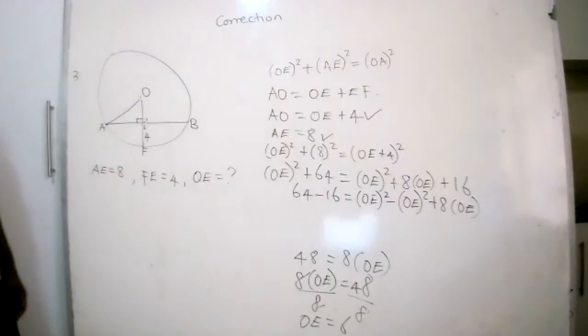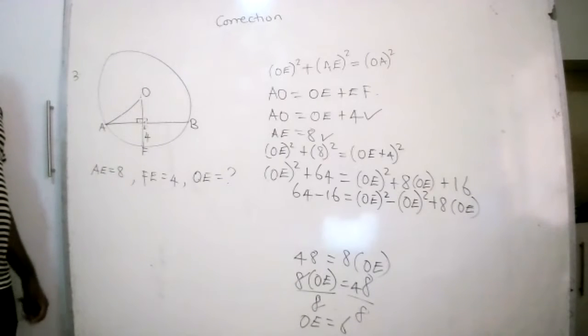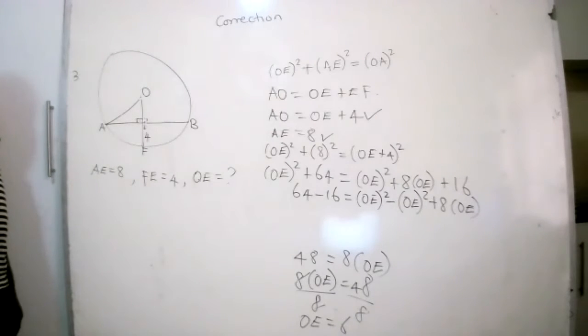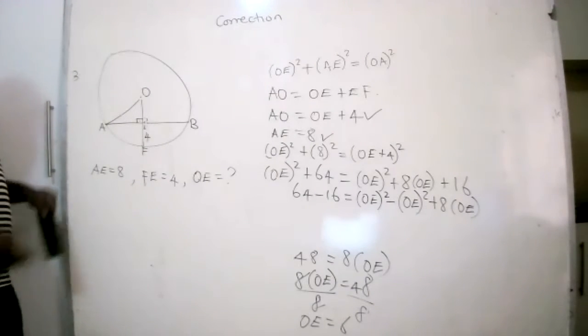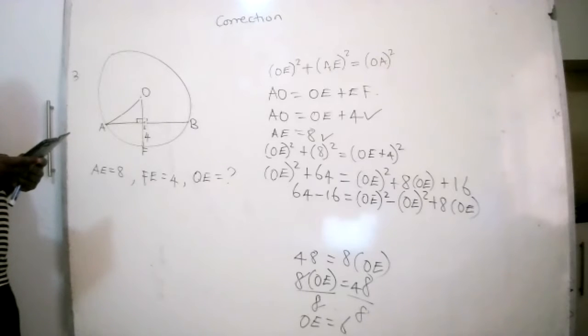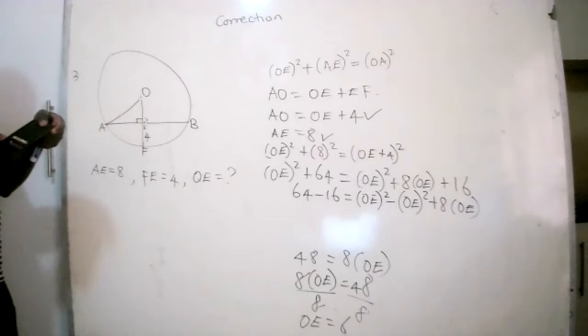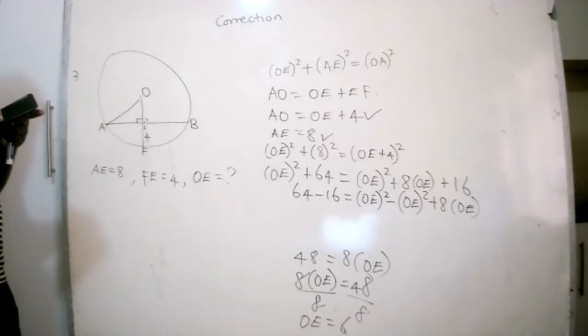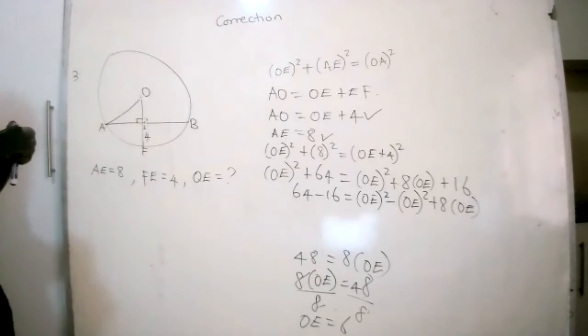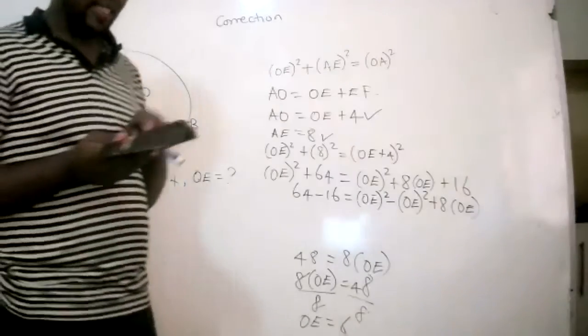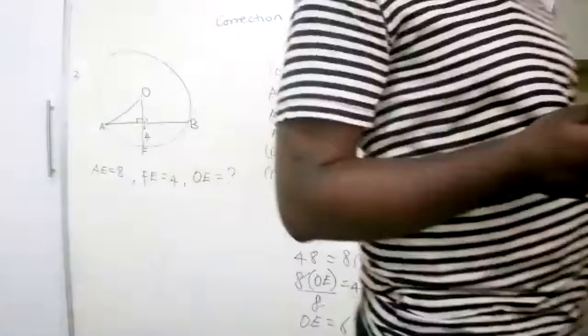You can ask anything. Sir, no, I don't want to try now. Okay, let me check on the question you sent to me. How did you get to 10? OE equals x minus 4. No, the problem is there on the x minus. It's supposed to be x plus.